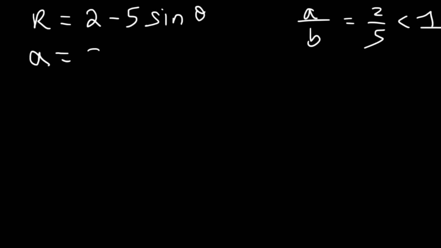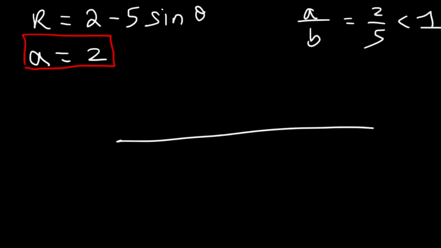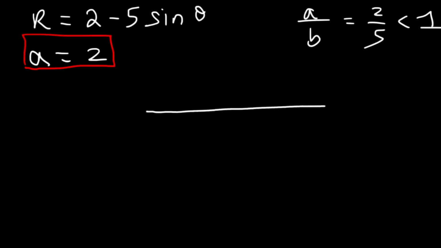So we can see that a is 2, and b is 5. Let's go ahead and graph it. Well, in this case, because it opens downward, a is actually going to be associated with the x-intercepts this time, instead of the y-intercepts. So it's going to switch roles. So we need to travel 2 units to the right and 2 to the left.